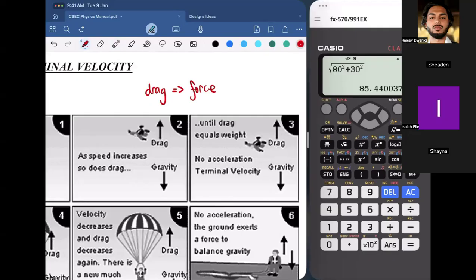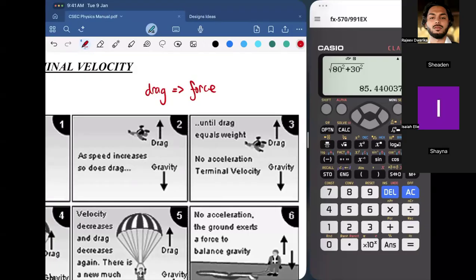Think of the forces. Drag is a force, and it's saying here that as speed increases, so does the drag. So you fall out of the plane, and your speed is increasing because of gravity, because you have weight. And so weight is also an example of what?